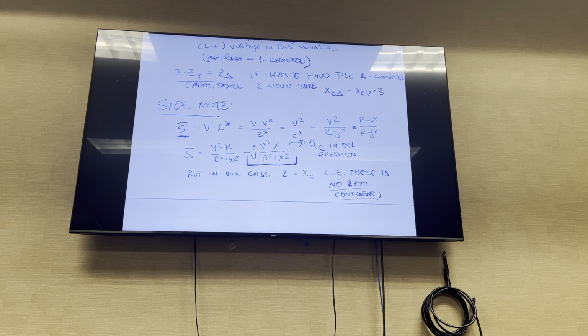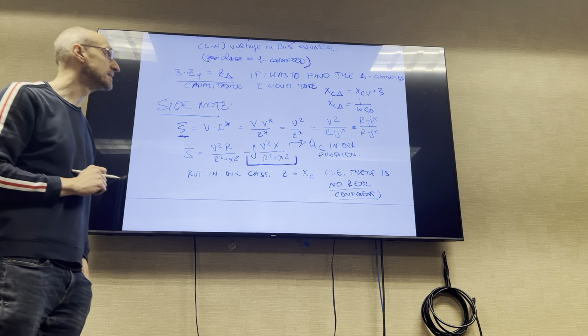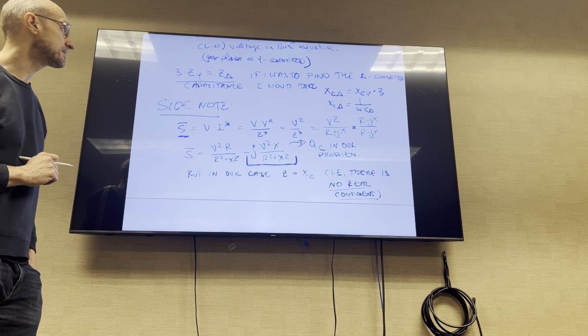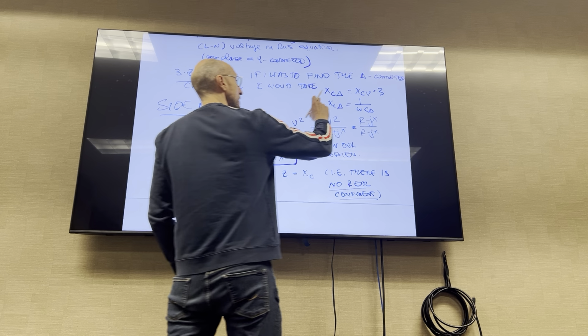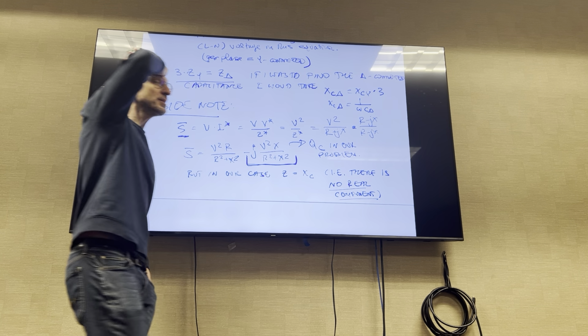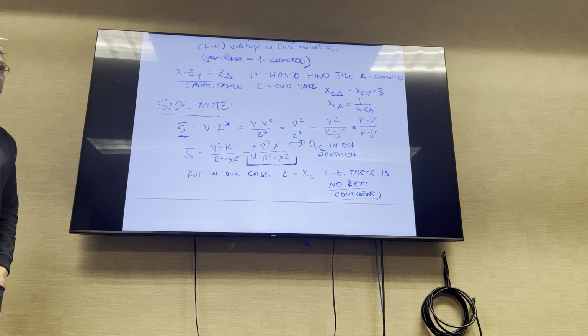Wait, isn't it? C delta would then be equal to 1 over omega XC delta. Is it not 3 Z delta is equal to ZY? Because the way I remember it is the delta impedance should be larger than the Y impedance.